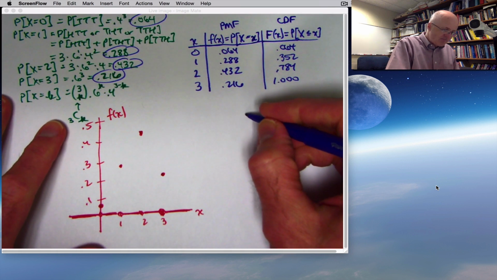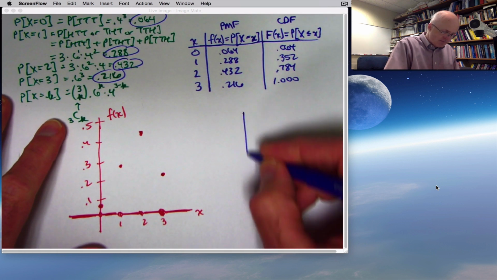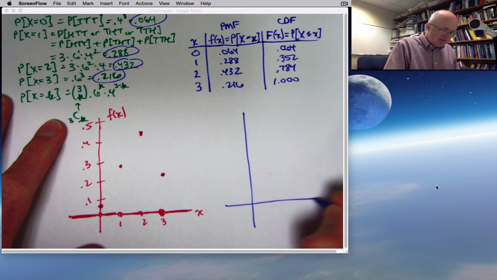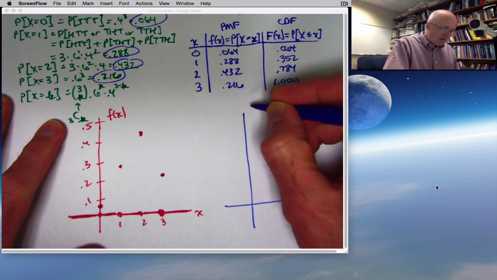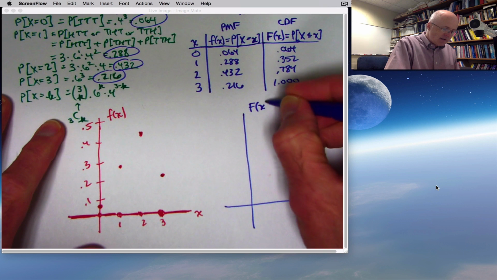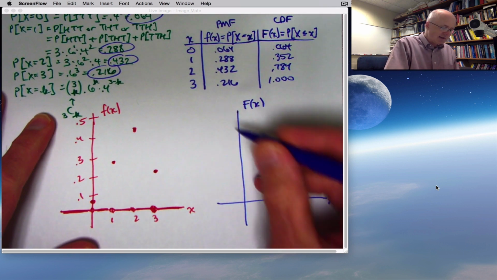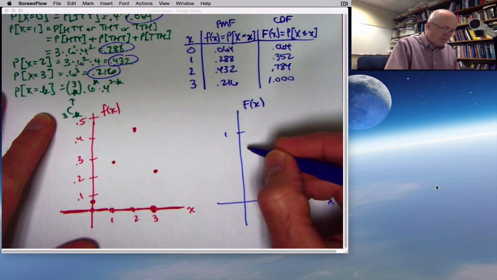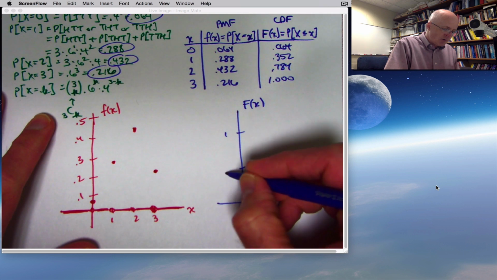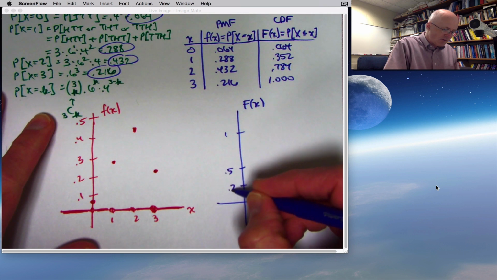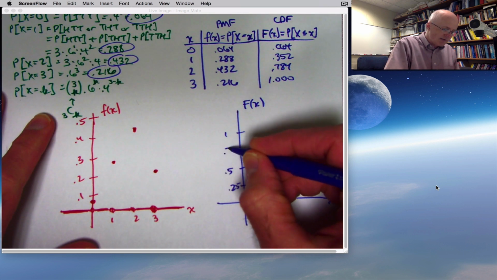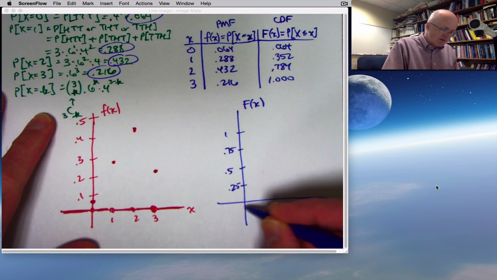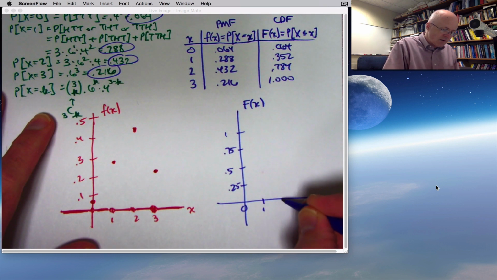How about the CDF graph? So now we're graphing capital F of x, and its highest value is 1 here. There's 1, here's 0.5, 0.25, 0.75, say. Here's 0, 1, 2, and 3.